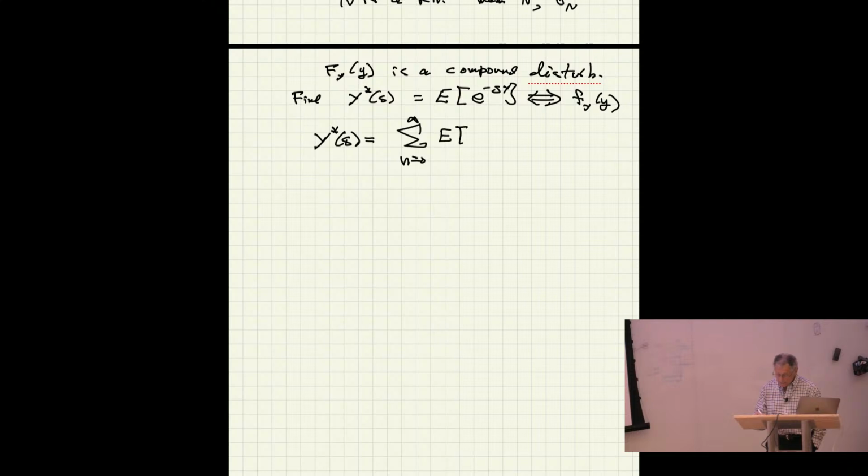That'll be the expectation of e to the minus sy, given that this random variable N is equal to some known number n, and to uncondition, what else do I have to write down? Do I hear something? I hear mumbling. Okay. I've got to multiply by the probability of that condition and sum over all possible conditions. So I've got to multiply by the probability that N is equal to n.